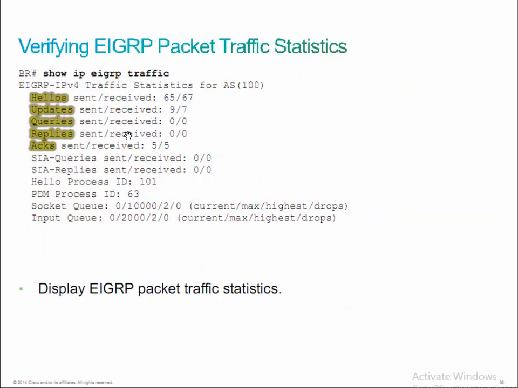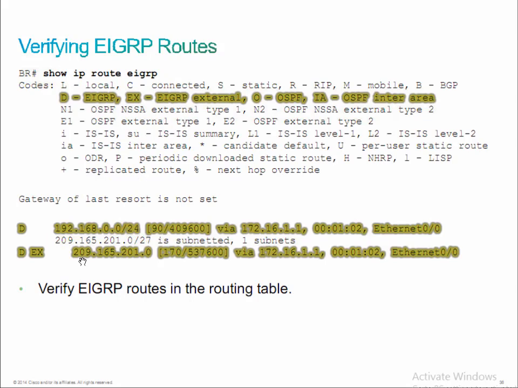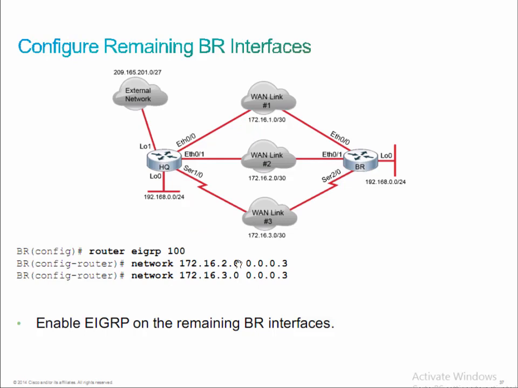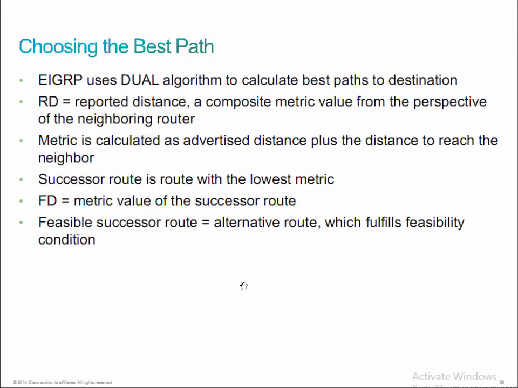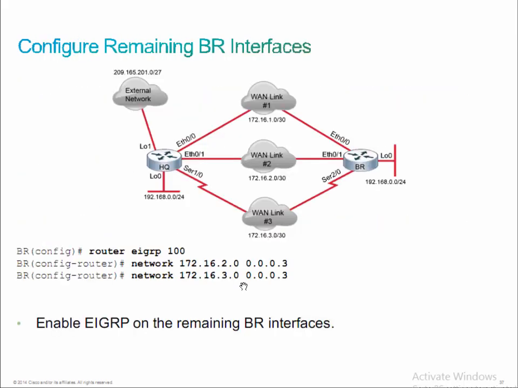Here is the show IP EIGRP traffic that we took a look at, and then finally the routing table where we looked at both of the routes, and then we went ahead and enabled EIGRP on the two additional WAN links. Now we need to get into a discussion of this topology here. It's a very, very important discussion.